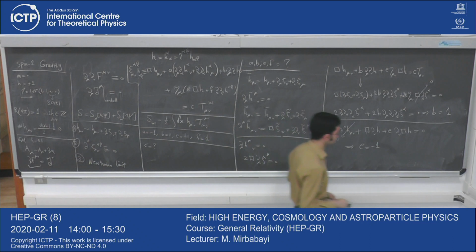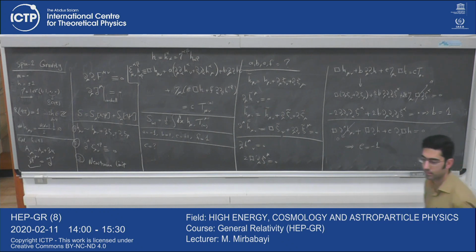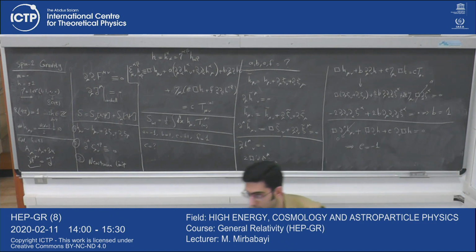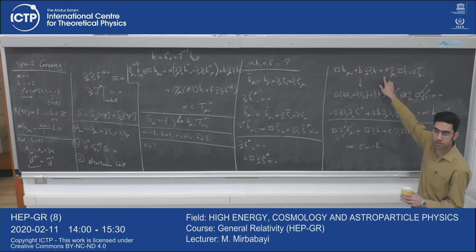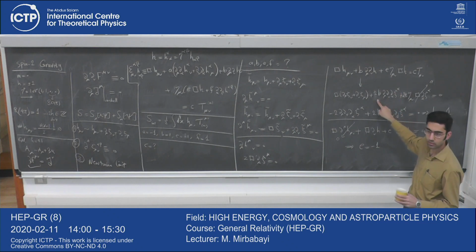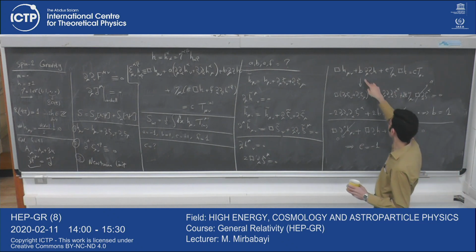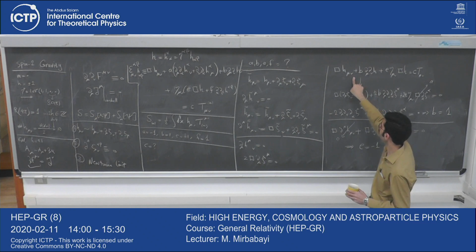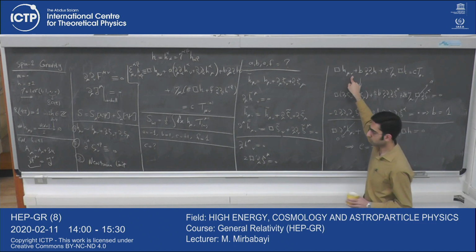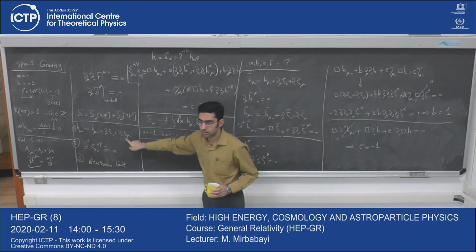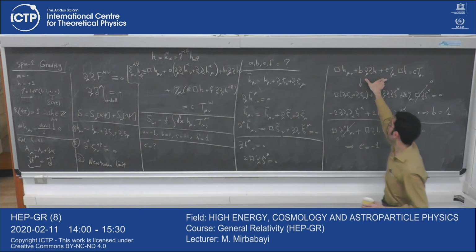Any questions so far? Can I ask how you reach this equation? The one, which one? This one at the top? The one at the bottom. This one? So what I did from here to here was that I performed a gauge transformation on the left hand side.